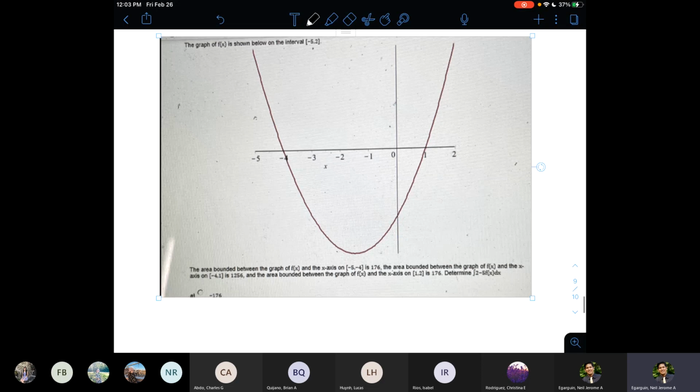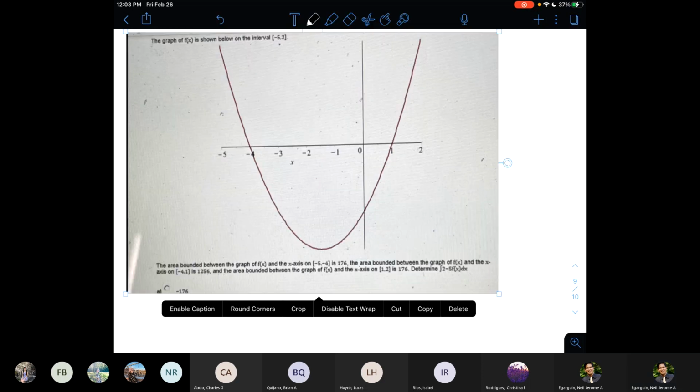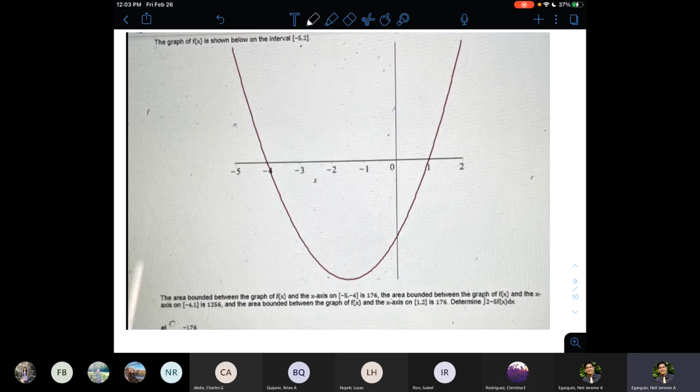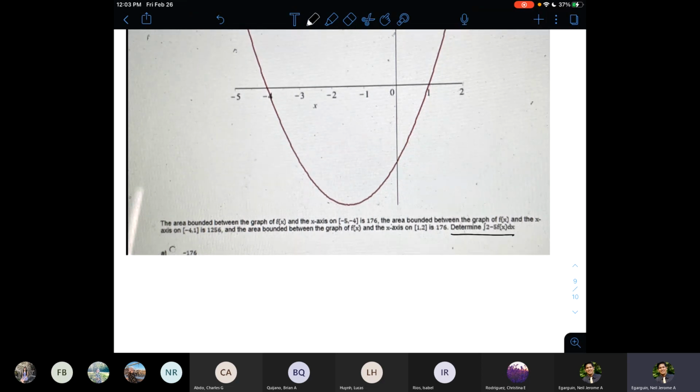We are given some info about the area of the region bounded by the graph of y equals f of x, and then the problem gives us some info about the area of the region bounded by the x-axis and f along some intervals. Ultimately, the problem is to determine this integral.